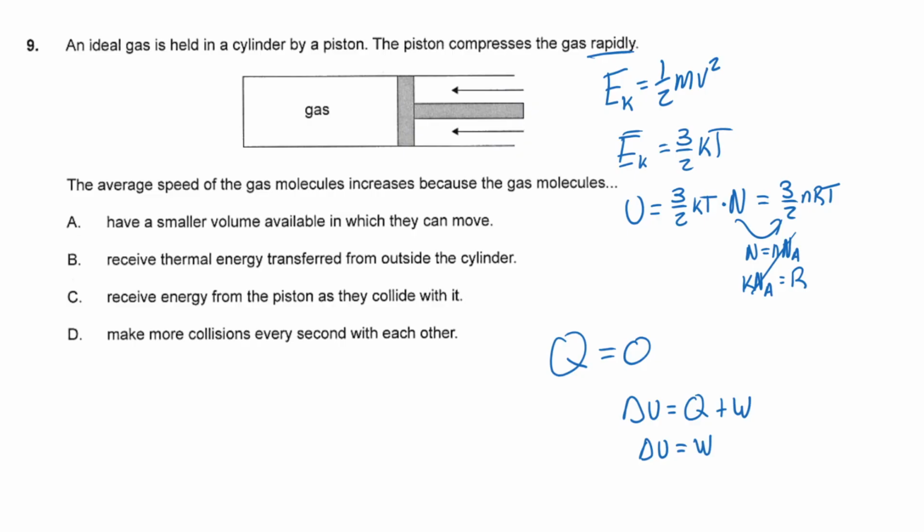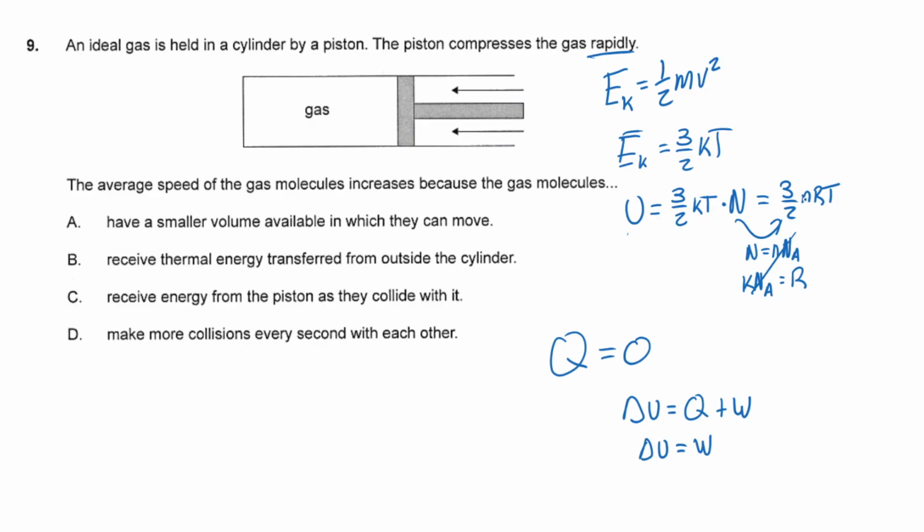And in this case, the piston does positive work on the gas, right? Energy is transferred into the gas, and that is going to be through collisions between the gas molecules and the moving piston, right? So what do we take away from this? Well, the work increases U, and when U increases, temperature is going to increase.